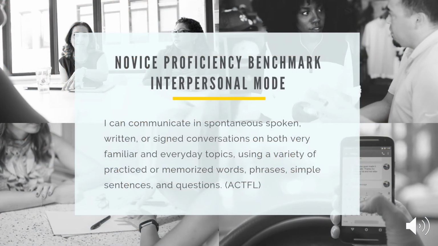For example, the novice benchmark for the interpersonal mode is: students can communicate in spontaneous, spoken, written, or signed conversations on both very familiar and everyday topics using a variety of practiced or memorized words, phrases, simple sentences, and questions.